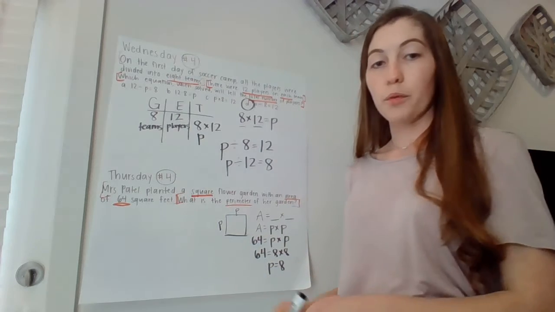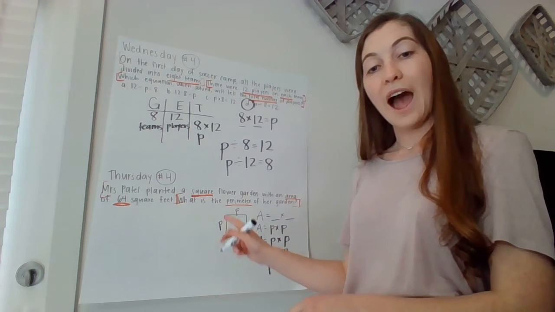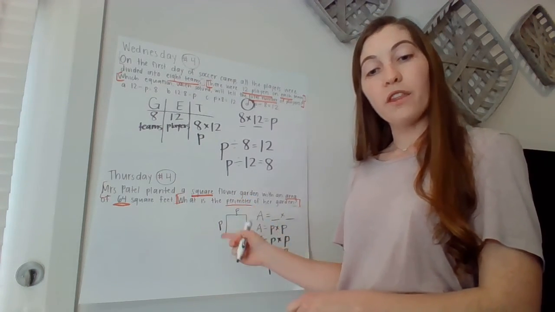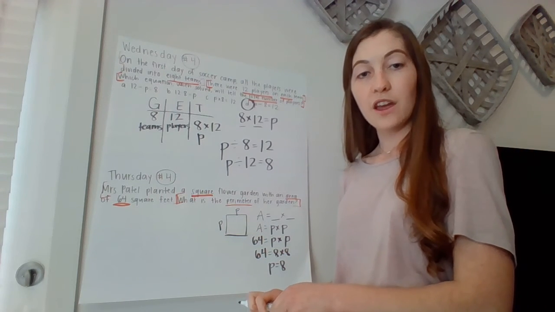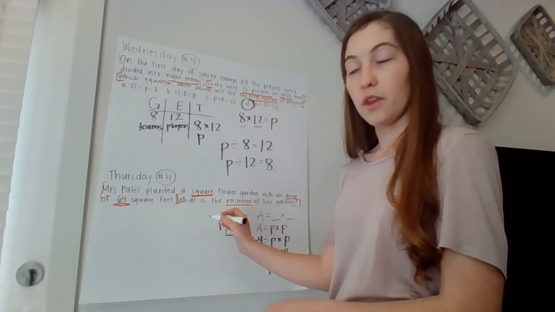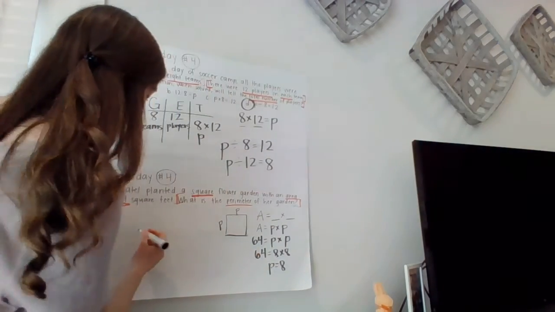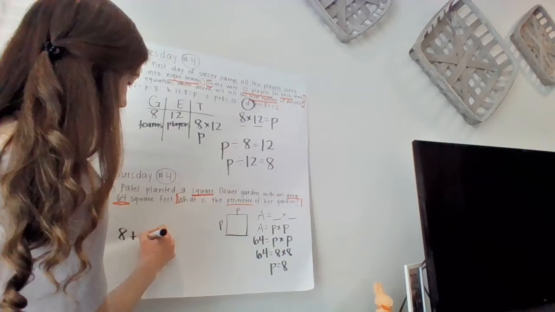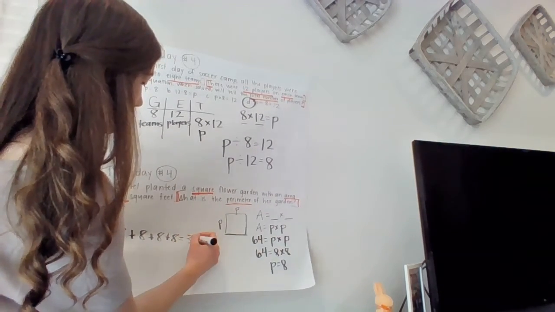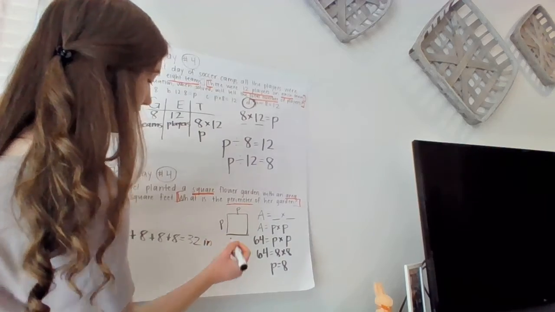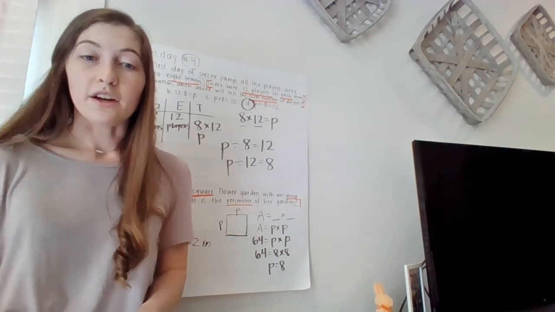Now I need to figure out the perimeter. Remember, for the perimeter, we add all the sides. So for a square, all the sides are the same, so that means each side is going to be P, which equals 8. So I add 8 4 times for the 4 sides. So I have 8 plus 8 plus 8 plus 8 equals 32 inches. So your answer is 32 inches.